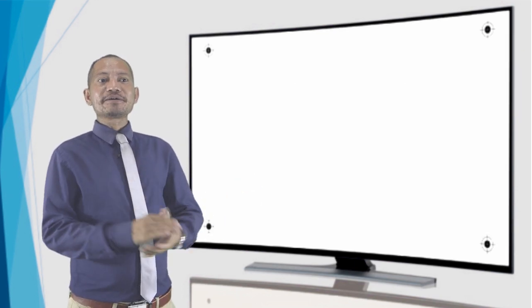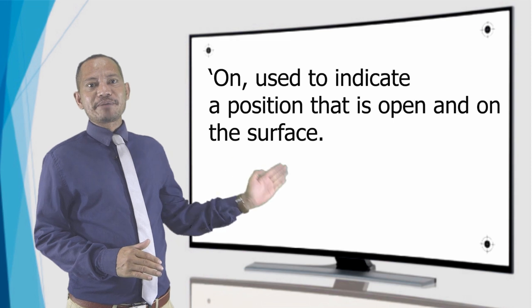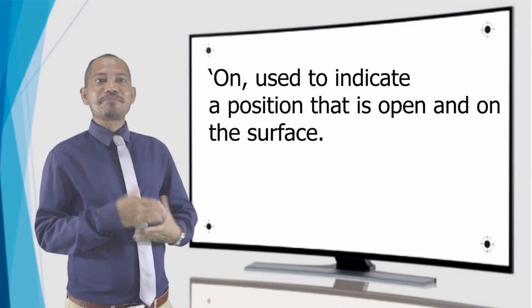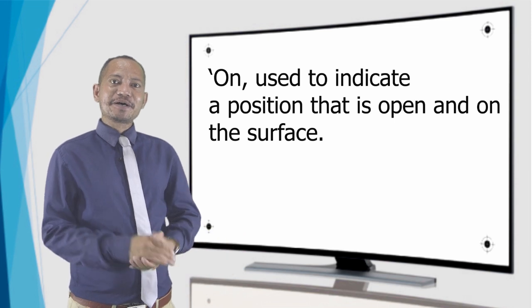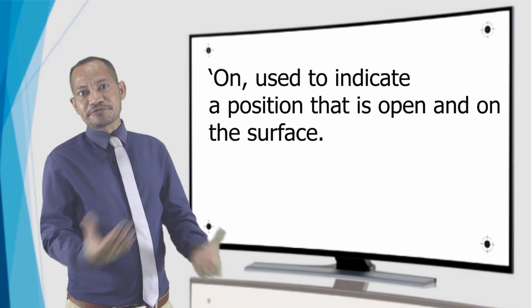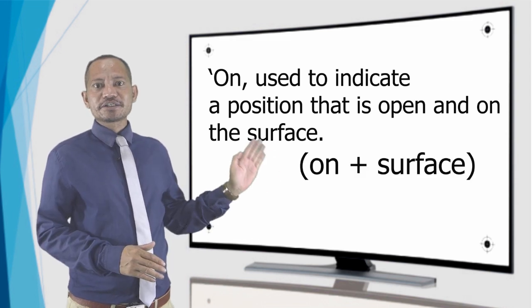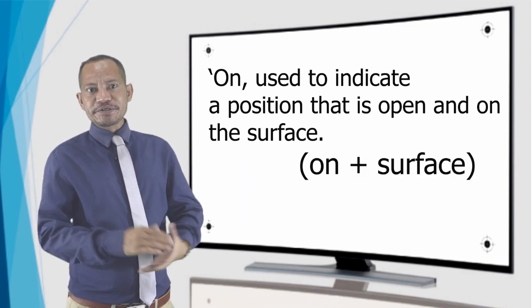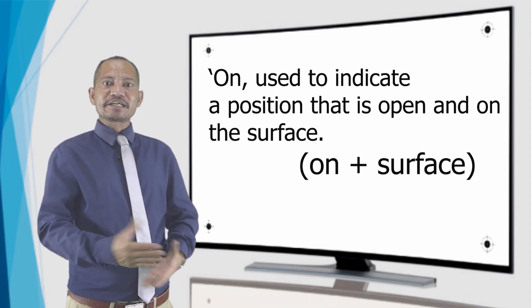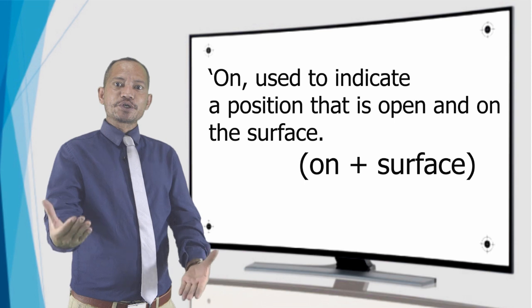Alright, now let's look at on, the preposition of place and location used to indicate a position that is open and on the surface. On plus surface. And it is used when the object being described is in contact with something on the surface.